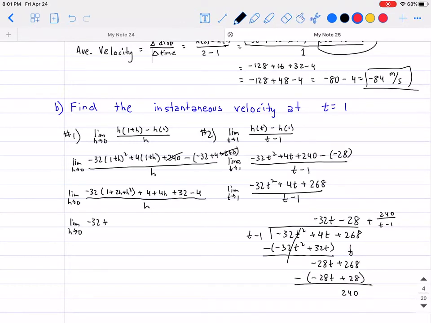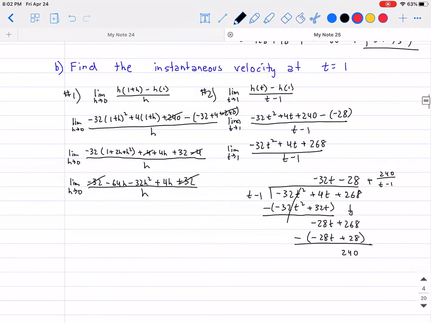So limit as h approaches 0 of negative 32, and then actually it's now going to be a minus, so let me erase that part. Negative 32, and then minus 64h, and then minus 32h squared, plus 4h, and then the 4 and the negative 4 cancel out, and then we have plus 32, all divided by h.